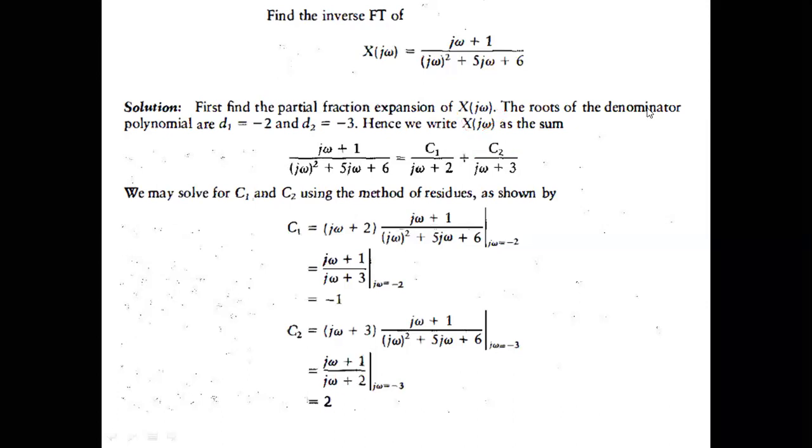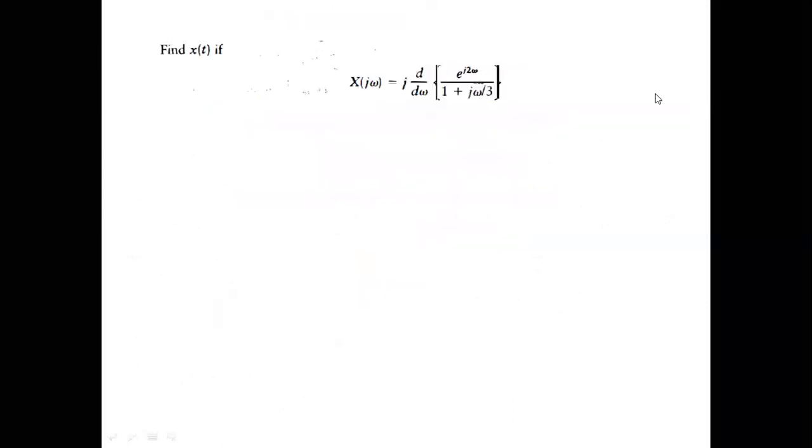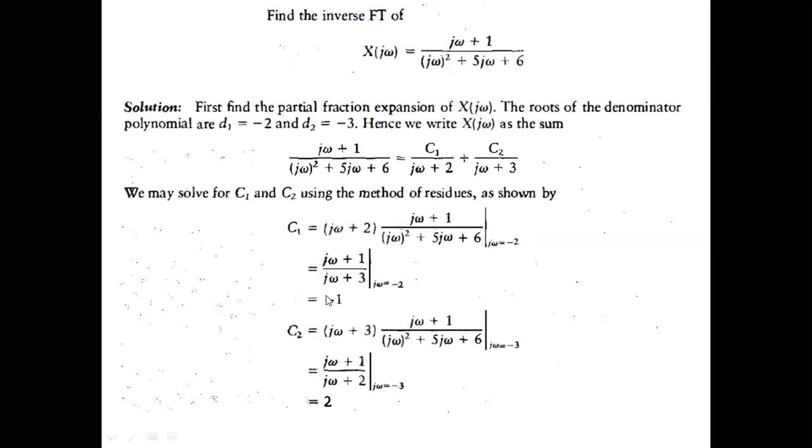Then there is one more interesting problem. What was the answer for this? Did you get the answer? So the answer is, as I told you, minus 1 divided by j omega plus 2, plus 2 divided by j omega plus 3.